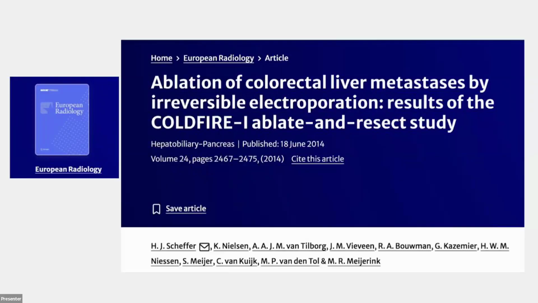Yeah, so actually the COLDFIRE studies predate the COLLISION trial by many years. This dates back to 2011, 2012, when we started a program, and everybody, including myself, was very skeptical. Are we going to completely eradicate cancers using electrical pulses? So we needed to validate that, and we set up a very small COLDFIRE-1 trial. That was long ago.